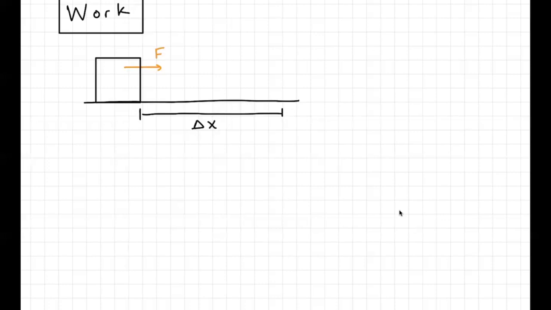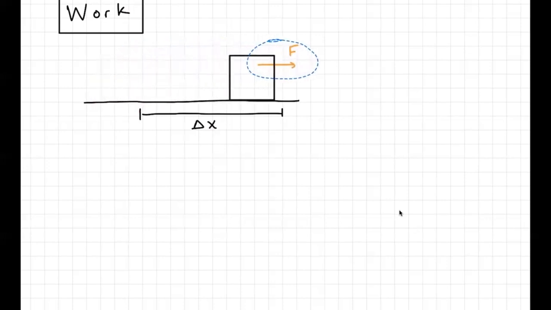So let's say I've got a box right here, a good old box, and I push the box. So I apply a force to the box in this direction to the right, and I push it along the ground like so, and the box travels a displacement delta x.